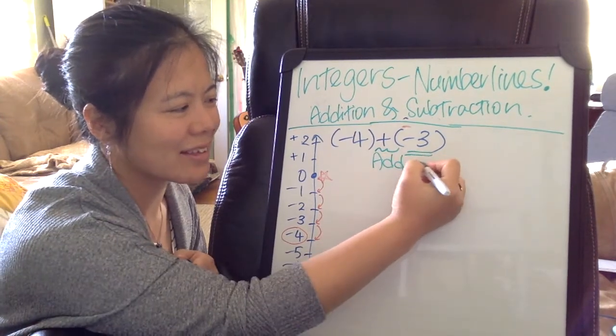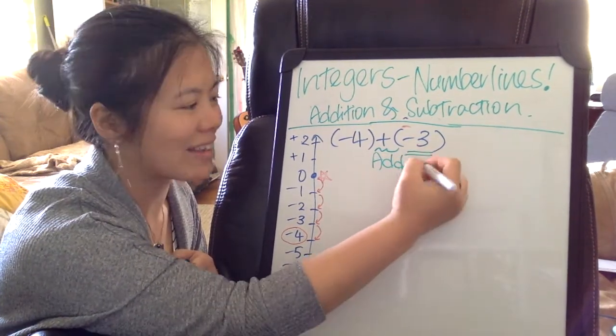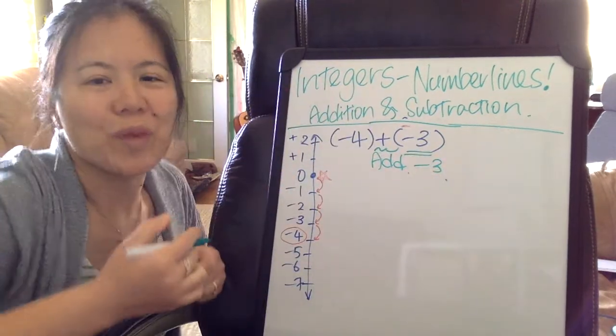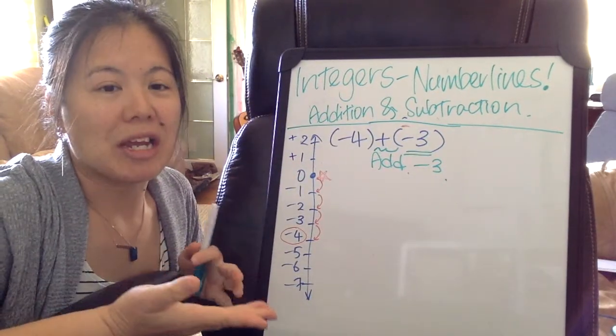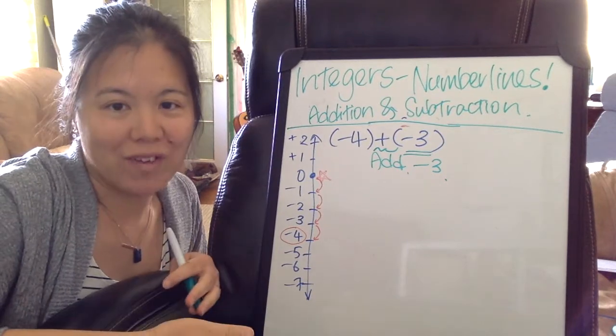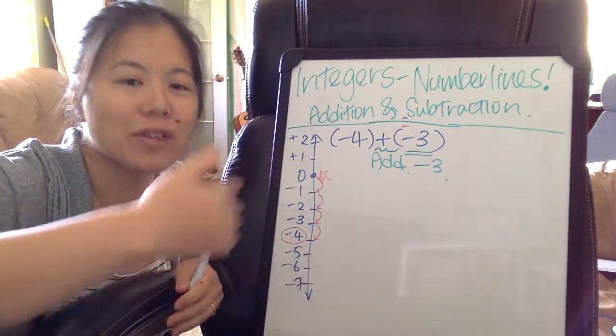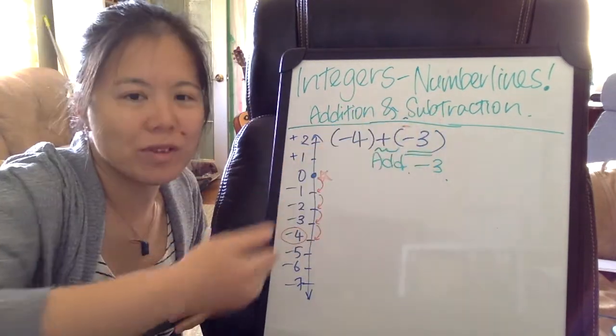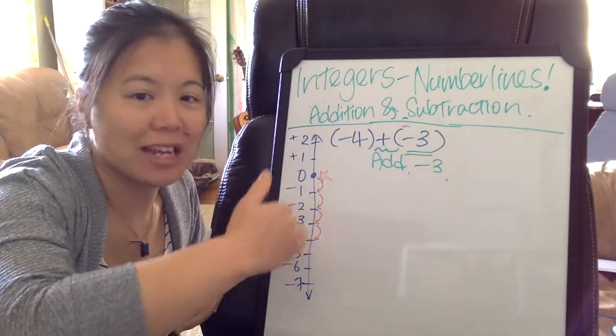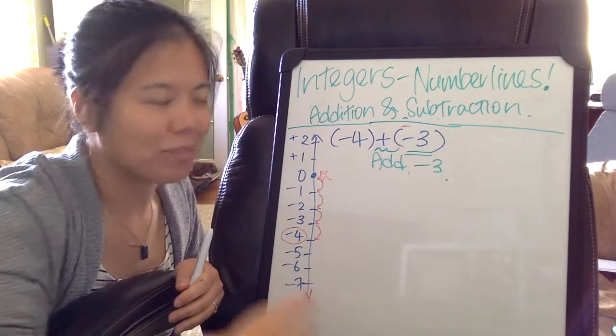It says add, well, it's asking to add -3. So you could read this as the temperature went down to -4 overnight, and it went down even more. You added to the temperature by taking 3 more steps, right?